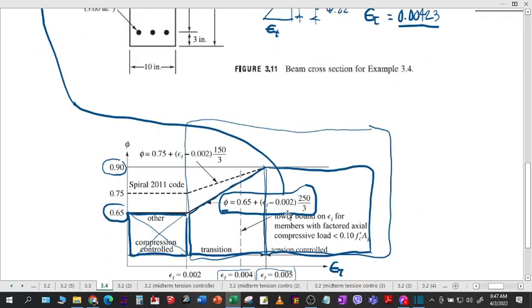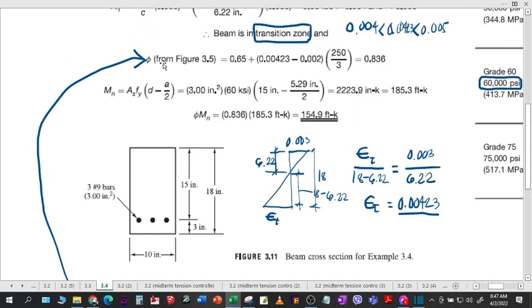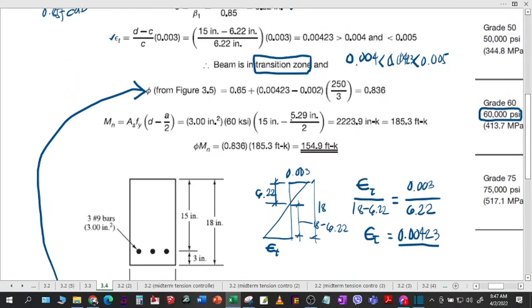This is just ratio and proportion, by the way, of this sloping line. So to cut it short, this is the formula. So we have 0.65 plus 0.00423, this is the tension in steel, minus 0.002 times 250 over 3. So your phi now is 0.836. That is your phi.